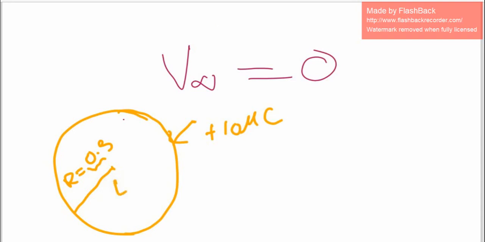What we have learned: E is equal to 0 inside the sphere, so we can think of all the charge as being at the center of this sphere or distributed at the surface of the sphere; in both cases it works.